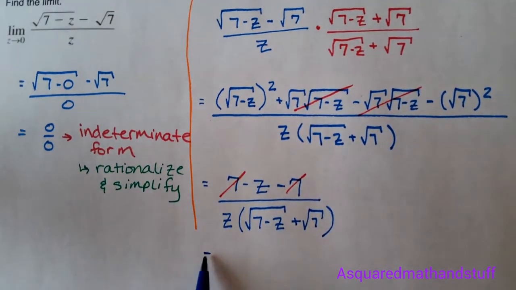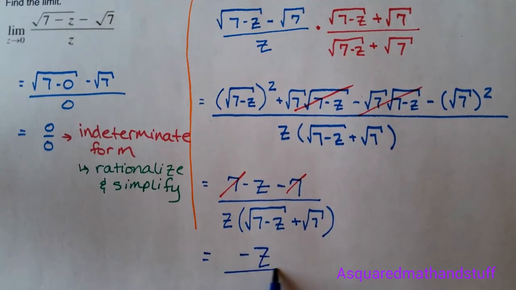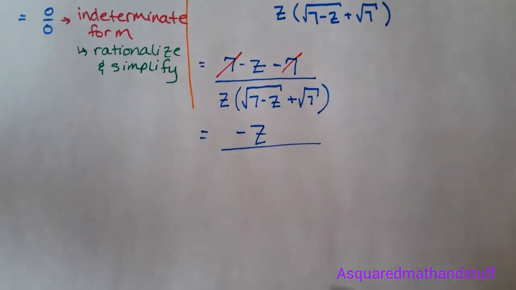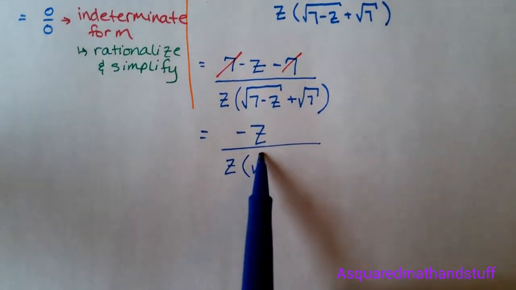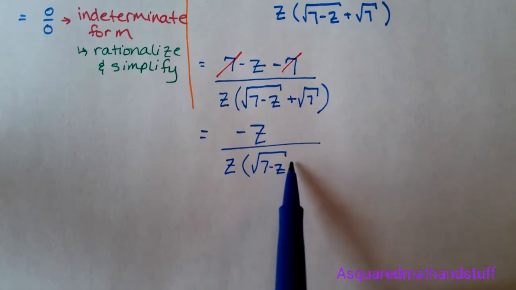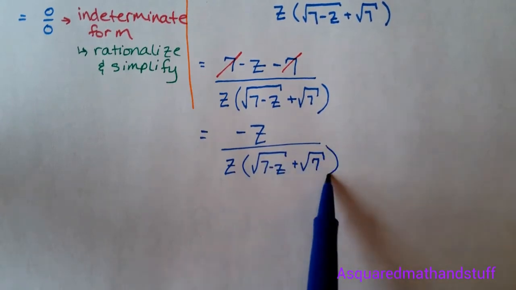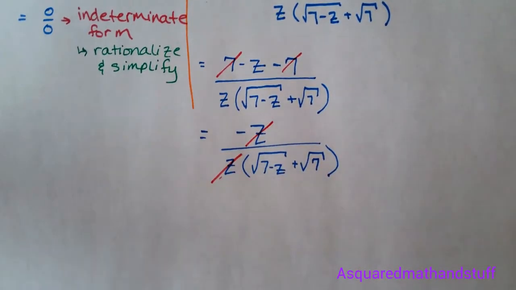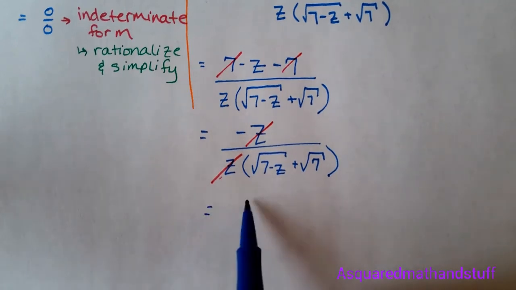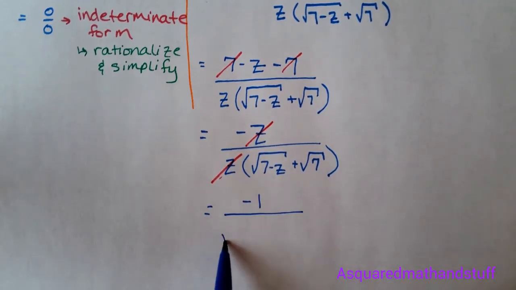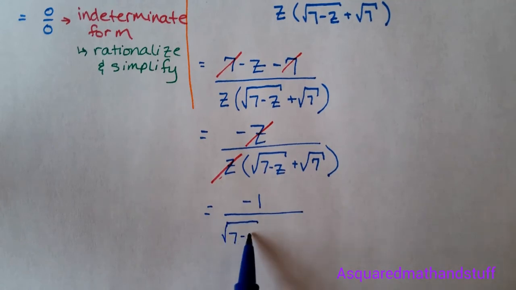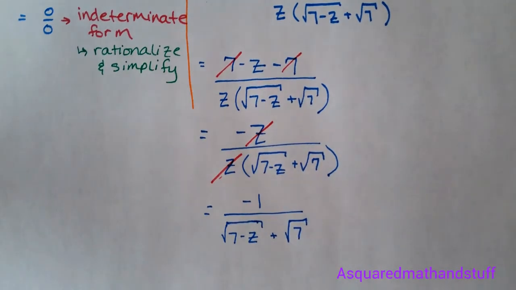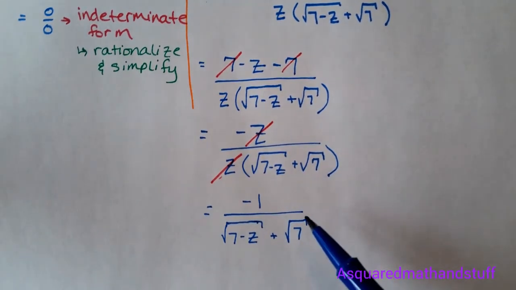We then have negative z, divided by z times the square root of 7 minus z plus the square root of 7. And now we can cancel the z's. And we are finally left with negative 1, all divided by the square root of 7 minus z plus the square root of 7.